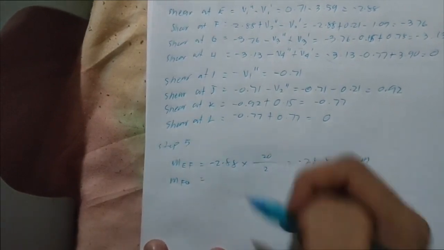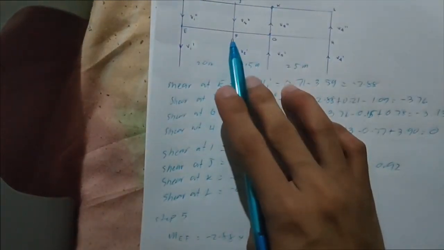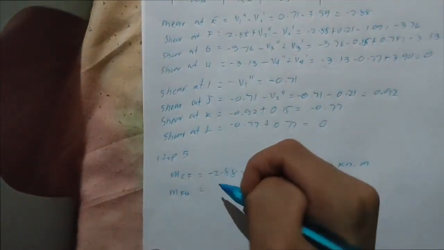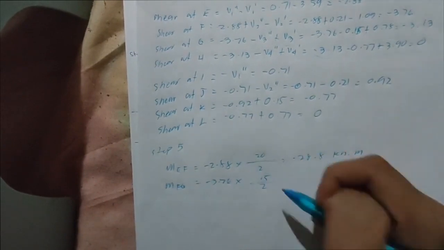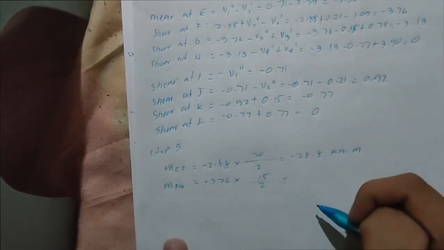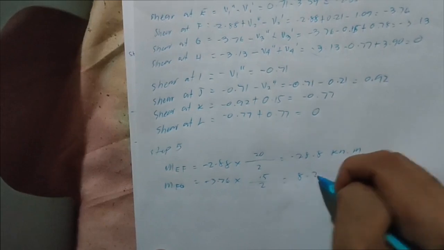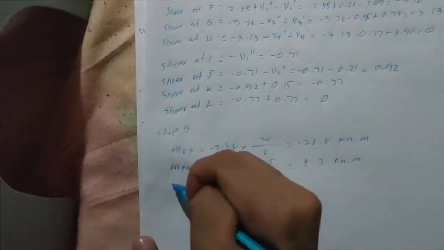So the moment at beam FG, which is here to here with a 15 meter distance. We get 3.76 times the distance 15 over 2, which is equal to 28.2 kilonewton meter.